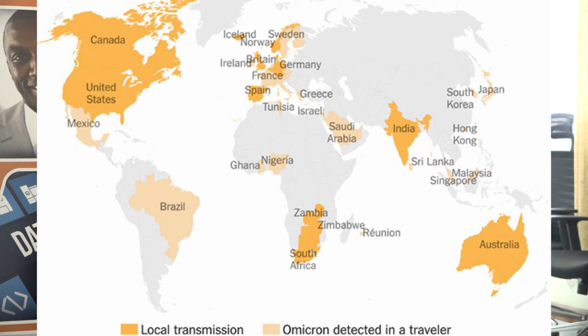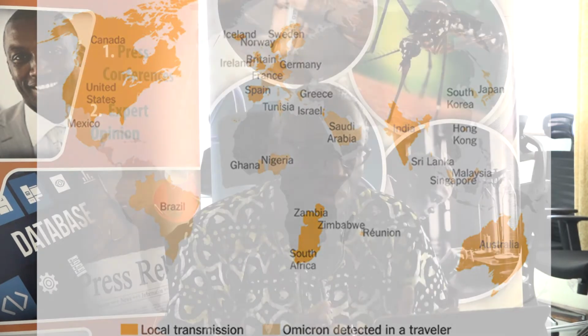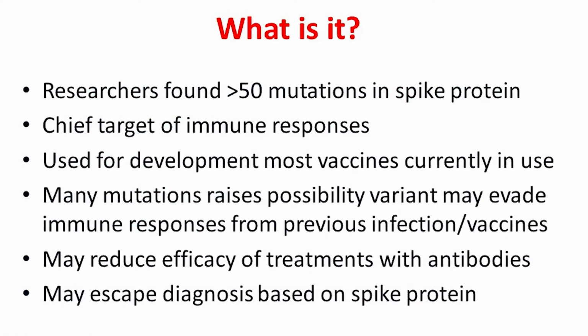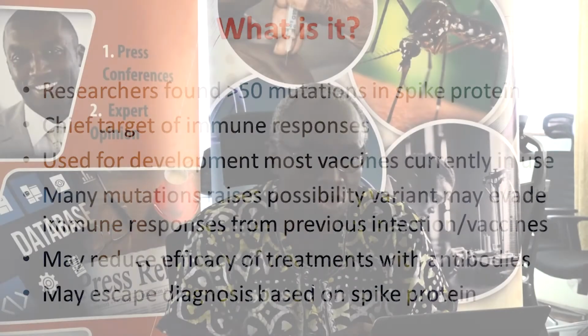But what is it? Now, researchers have found, originally they'd seen about 30 mutations, but now there's evidence that there could even be up to 50 mutations on the spike protein. Now, this is important. The spike protein is the triangular structure that I showed you at the beginning of my presentation that the virus uses to attach onto a human host and therefore infect the body.